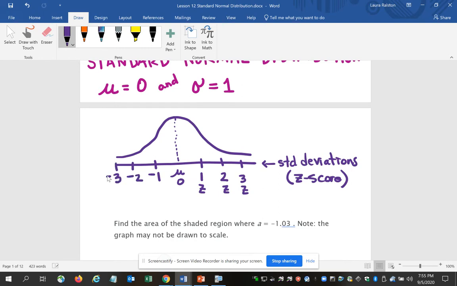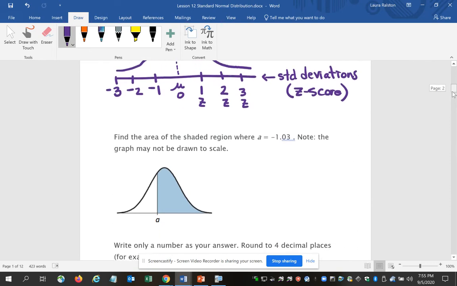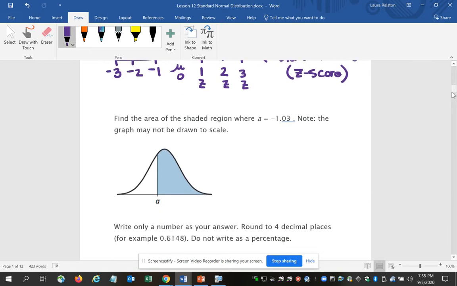And we applied the empirical rule to this bell-shaped symmetric distribution earlier. So if you had a z-score of exactly 1 or exactly 2 or exactly 3, then we could apply the empirical rule. But if we take a look at this first question here, that says find the area of the shaded region where A equals negative 1.03. Note the graph may not be drawn to scale.